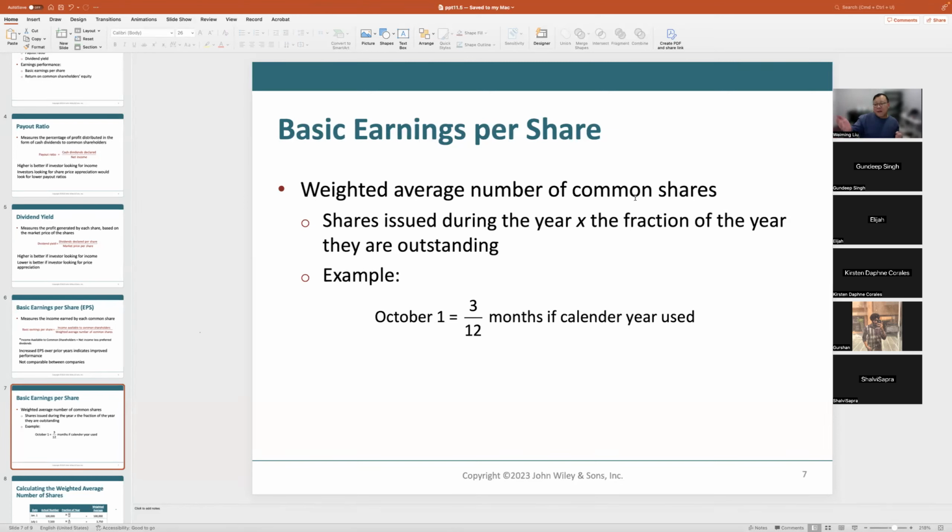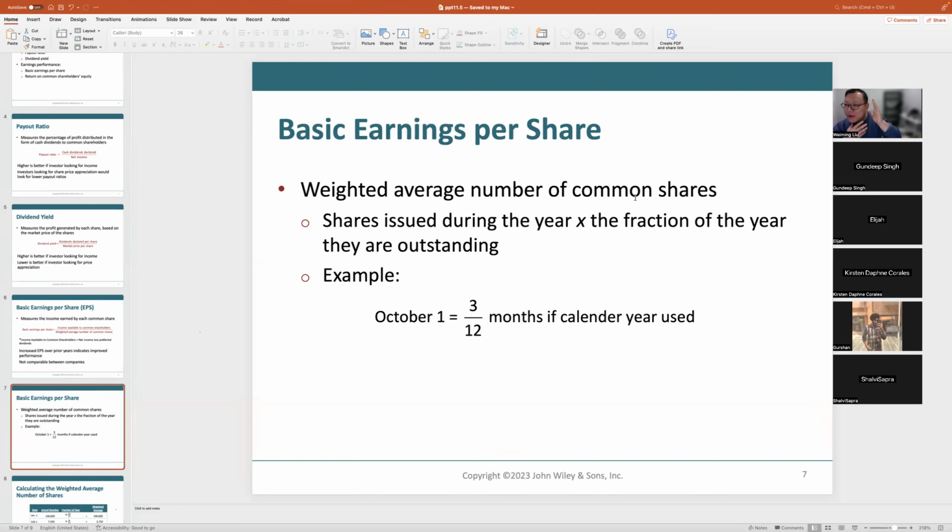If you only hold these shares for 6 months, then the weight will be 6 divided by 12, which is 50%. So the weight means how long you held it. 100% means you held it for 12 months, and 50% means you held it for only 6 months.